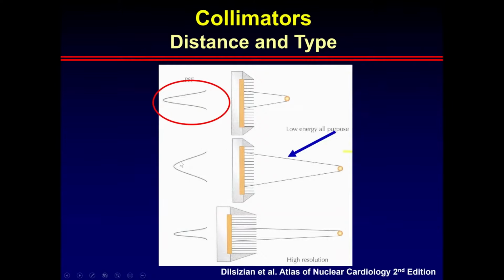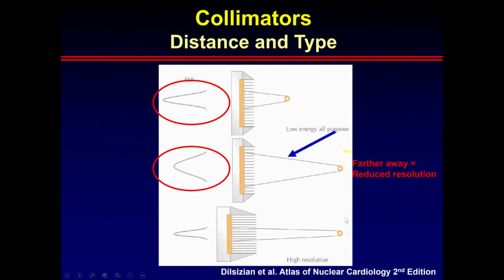Notice what happens to your point spread function. It gets wider, right? And your full width half maximum gets wider. So your resolution goes down as the source moves away from the collimator and from the crystal, okay? This is using the same crystal, low energy, all purpose, okay? And so you can see what happens here. So the further you get away, you get a reduction in resolution.